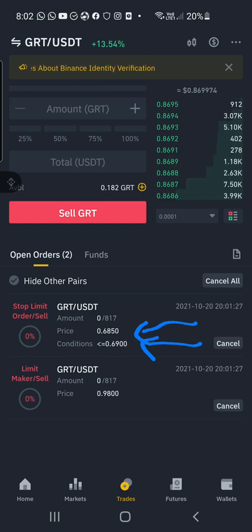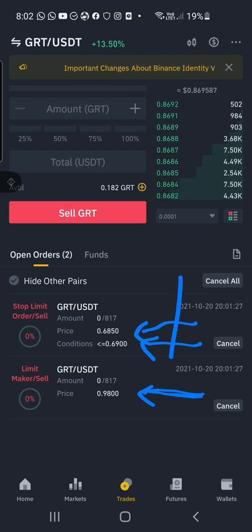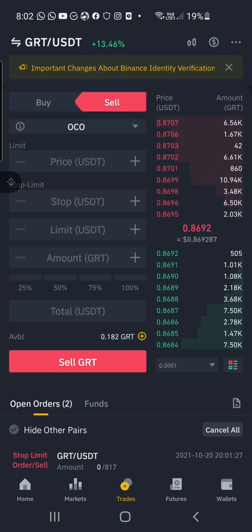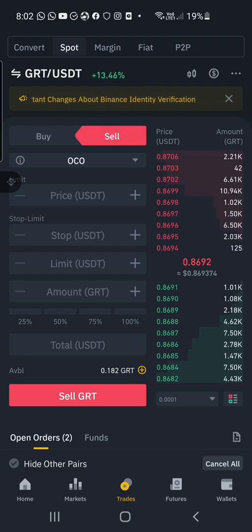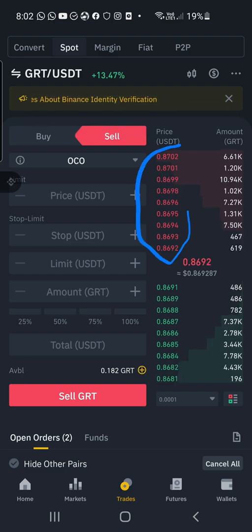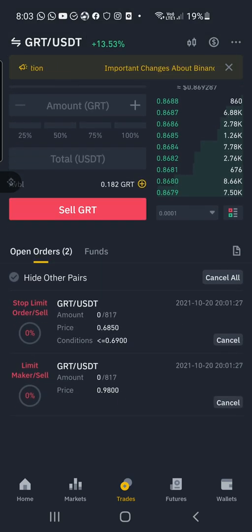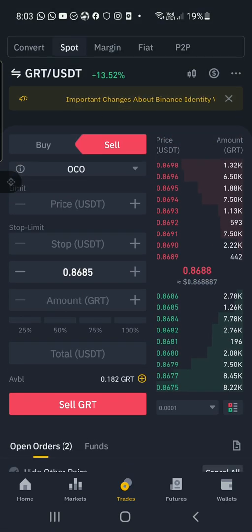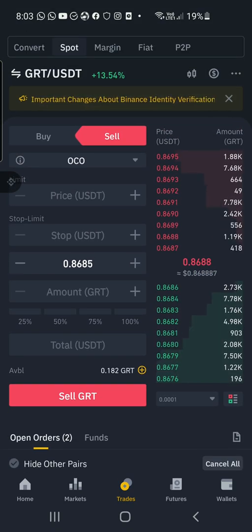And the second open order is the limit market, which if the price is 0.98, just sell it. So as you can see over here, your order is already there at 0.98.